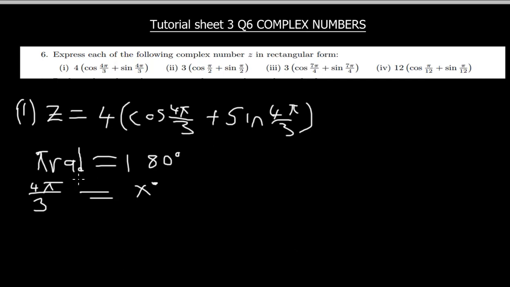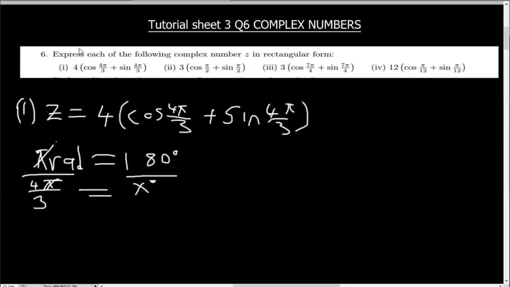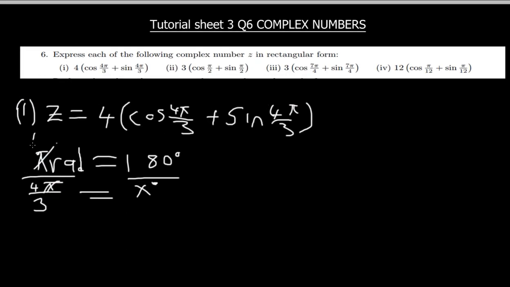If I want, I can put a division line there such that this pi and that pi will cancel. So I'll remain with 1 here, and 4 over 3 down. Cross multiplying, 1 times x gives x, and this 4 over 3 times 180.